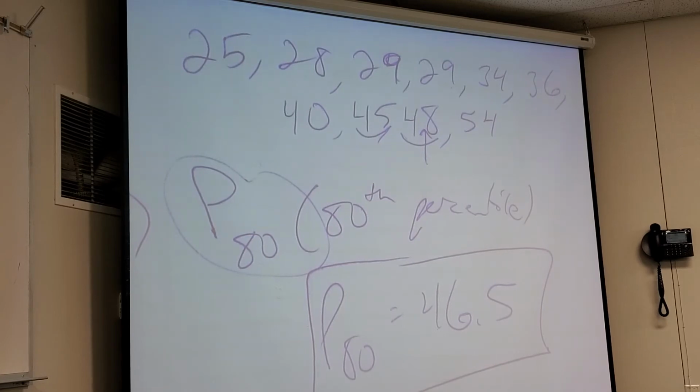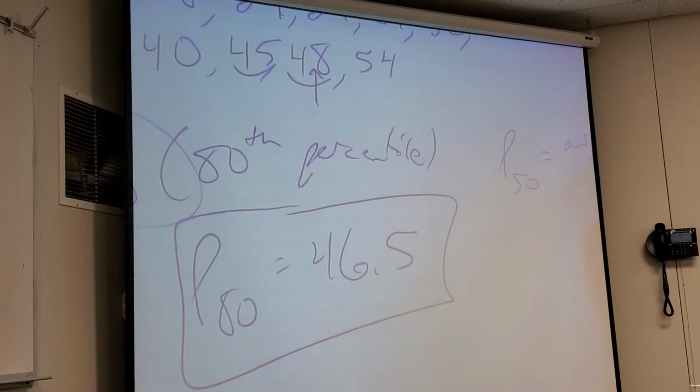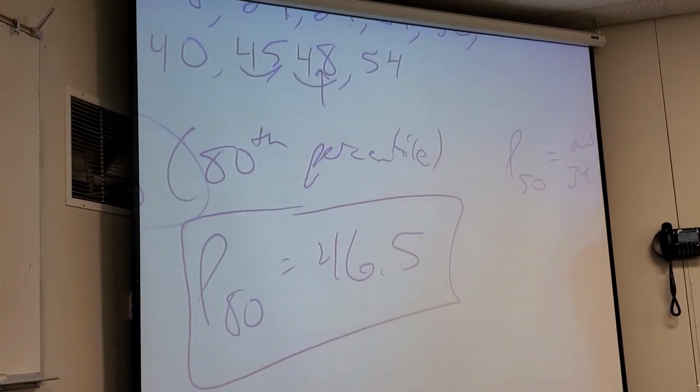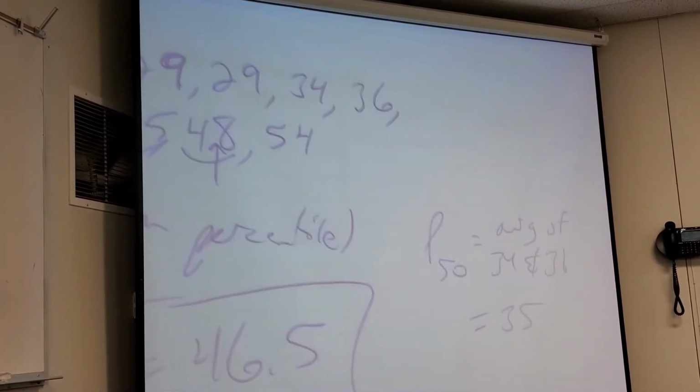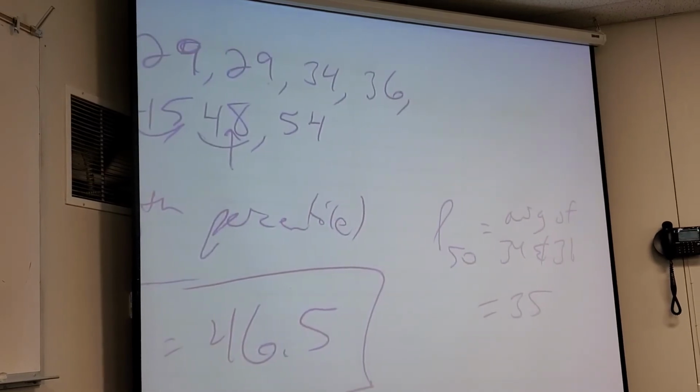It's the number in the middle of the 2 in the middle. 35. So P50 would be the average of 34 and 36, which is 35, because it should be the number in the middle, and there's actually 2 in the middle.